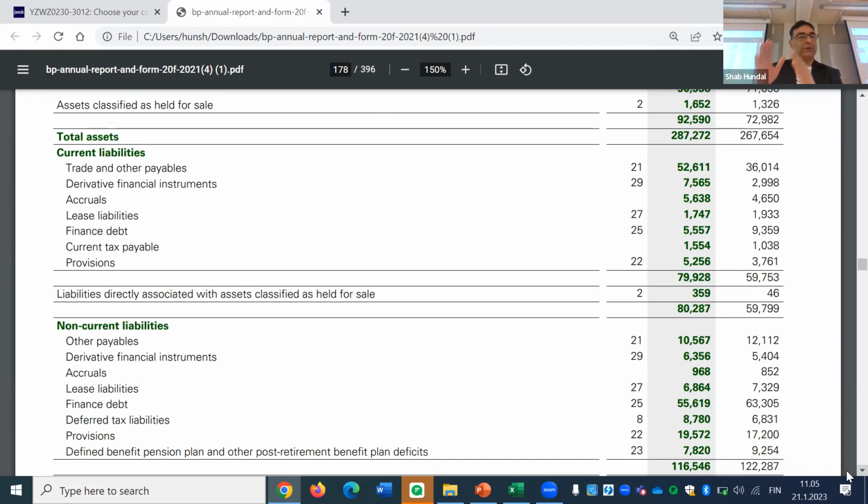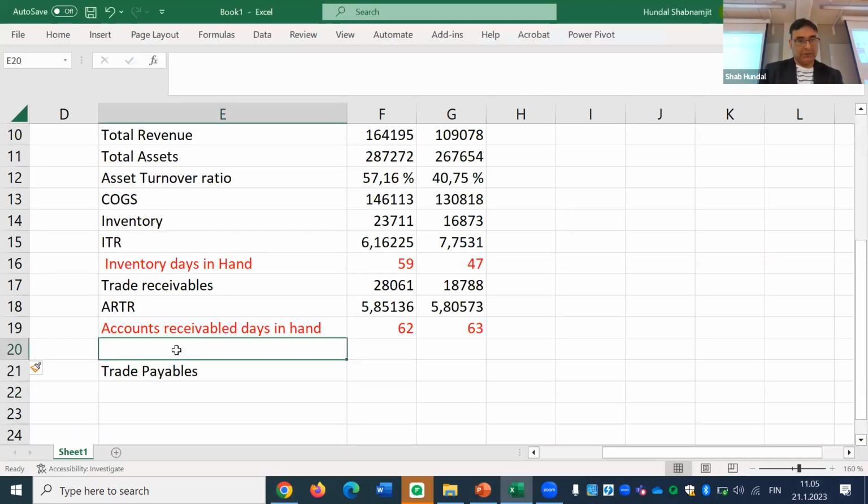We only focus on the trade or the bills payables, which involve customers if it is receivable, and the supplier if it is payables. And we have 52611. So the accounts payables or trade payables, doesn't matter.